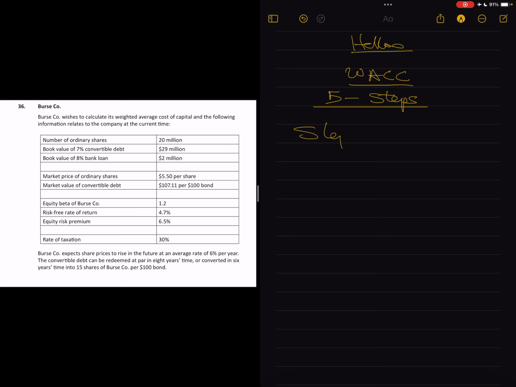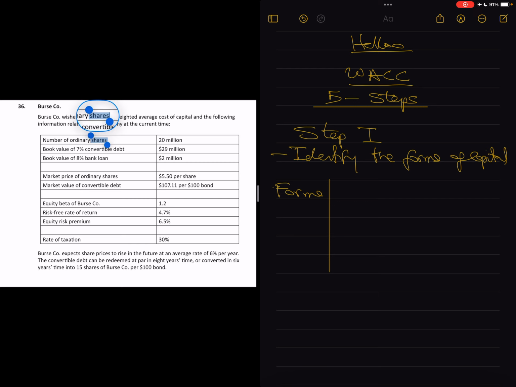Step 1. Remember, which is identify the forms of capital in the question. And what can you see? You can see the forms. This is our step 1. The number 1 there says number of ordinary shares, so which means there's equity.